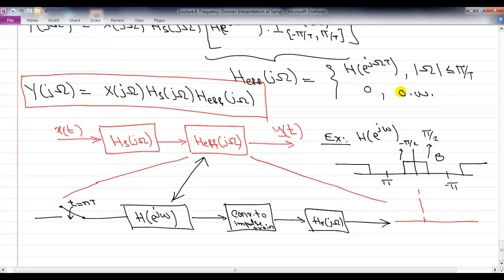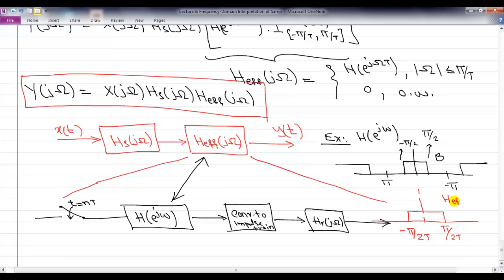There is a scaling by a factor of 1/T. So you have a scaling of your frequency axis, no scaling of amplitude: π/2T, minus π/2T. And these repeated copies, of course, are after π/T, so you would not incorporate those.